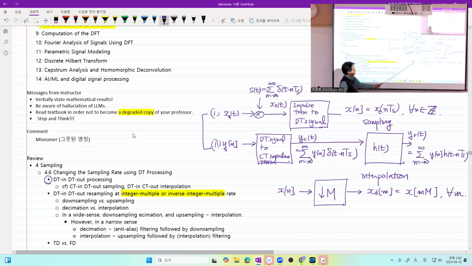So what you do is basically remove capital M minus 1 samples at every length-M section of the original signal. And this is very similar to that one in the sense that there you have an uncountably infinite set of pairs of t and x_c, where you keep some countably infinite number of pairs.